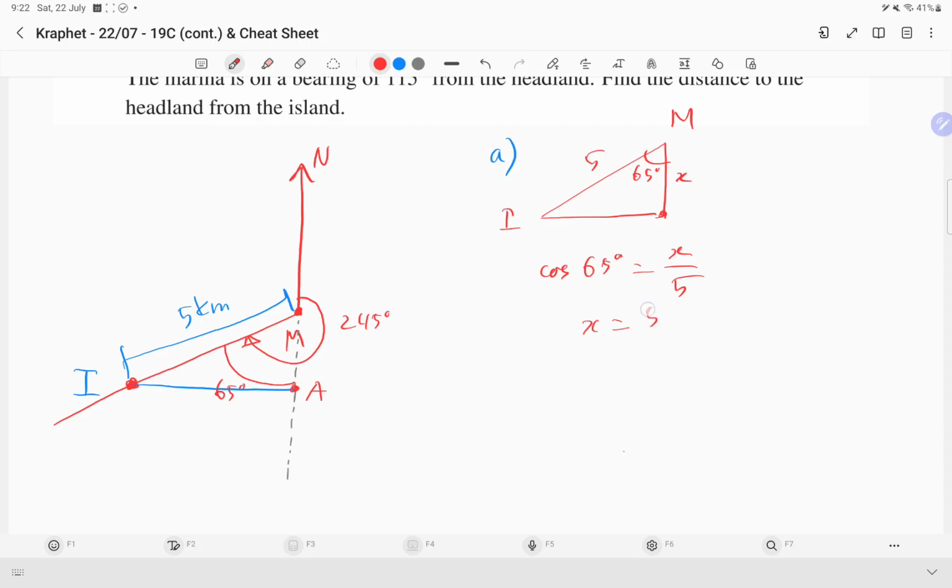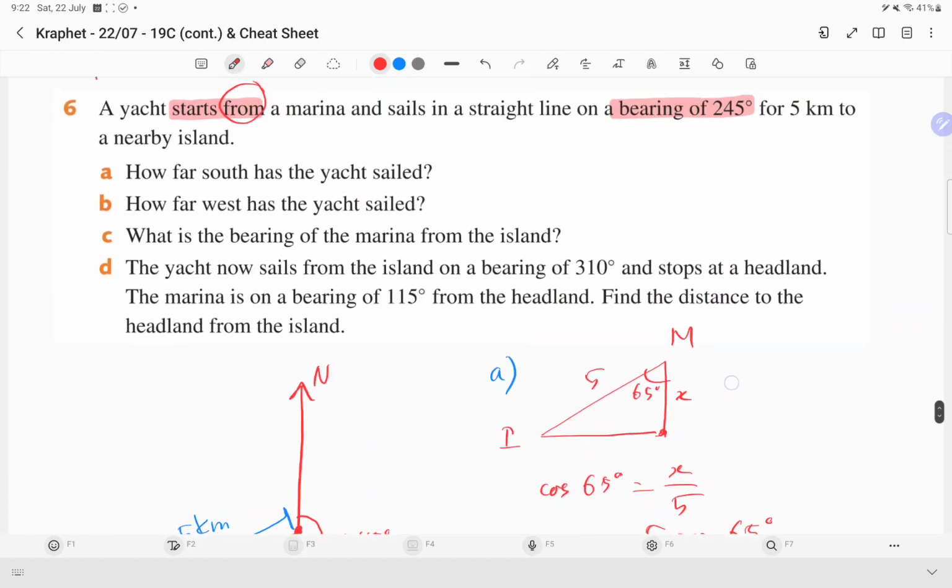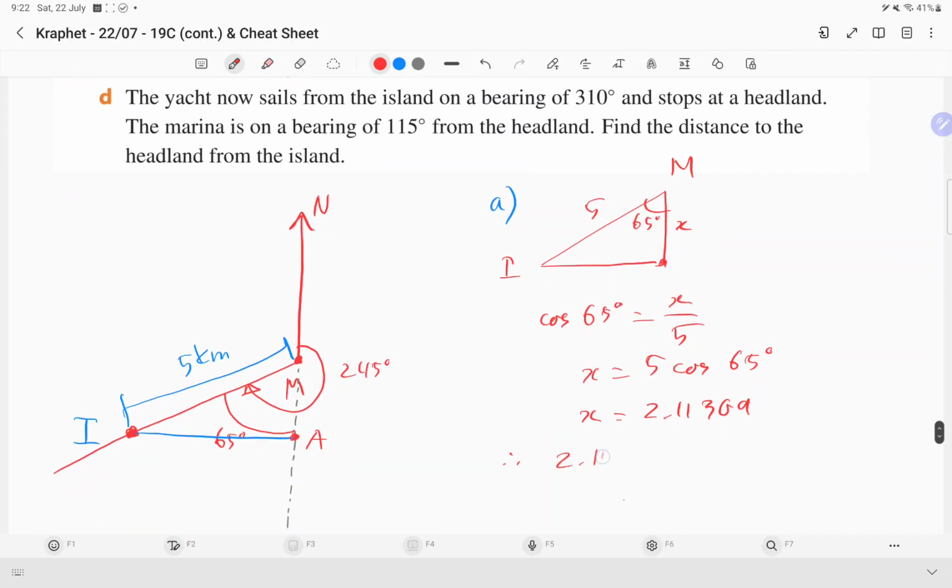Okay, so X would be 5 cos 65 degrees. So that would be 2.11309. Yep. So therefore, it has traveled south by 2.1131 kilometers south.